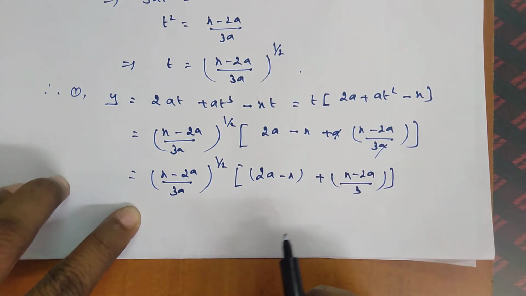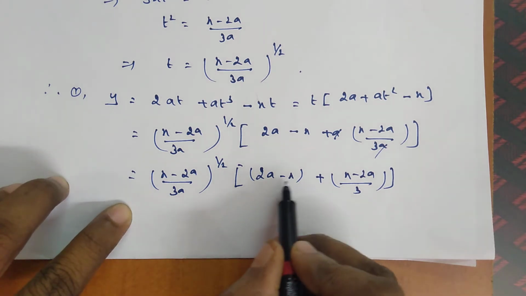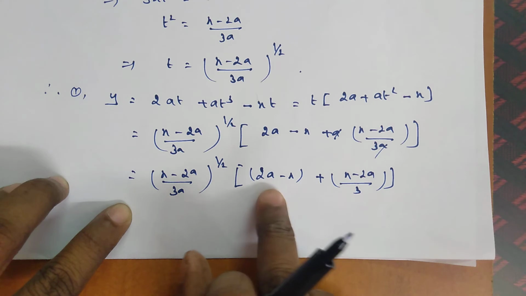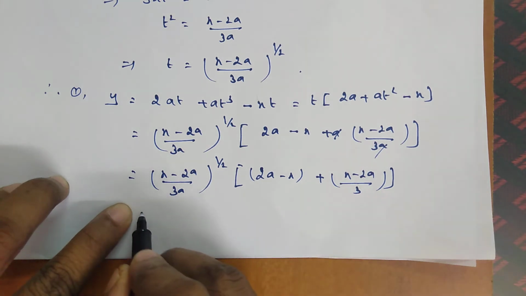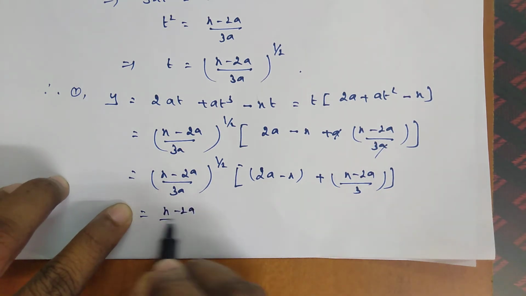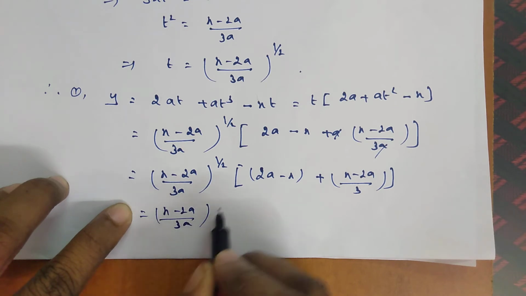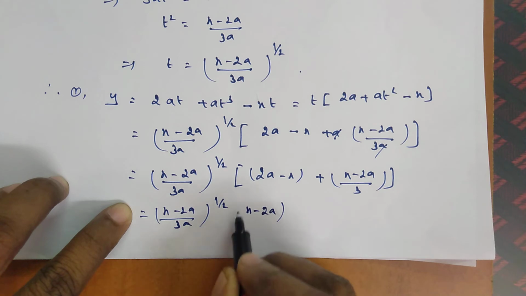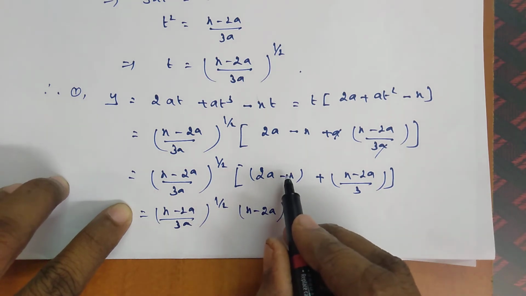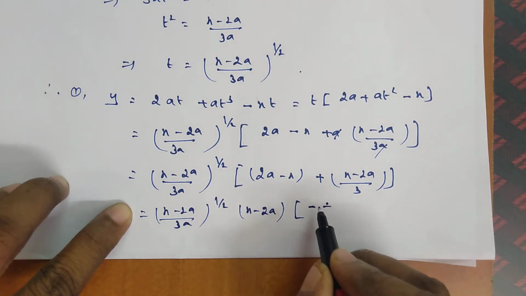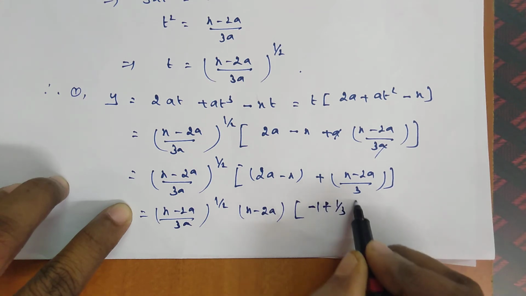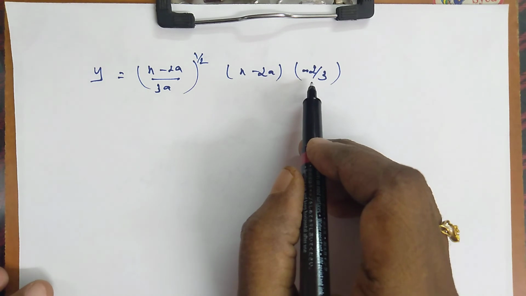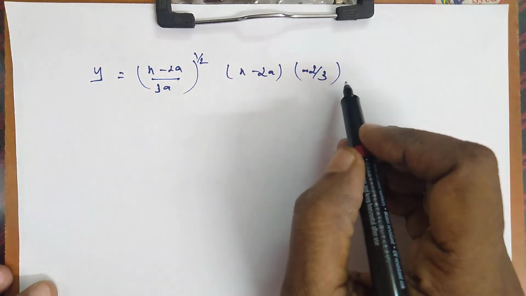Taking x minus 2a common, we get one minus, so minus 1 plus 1 by 3, which gives minus 2 by 3.